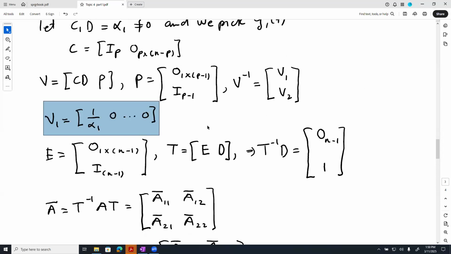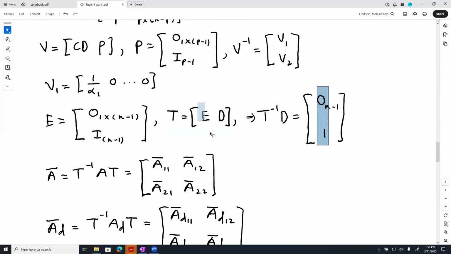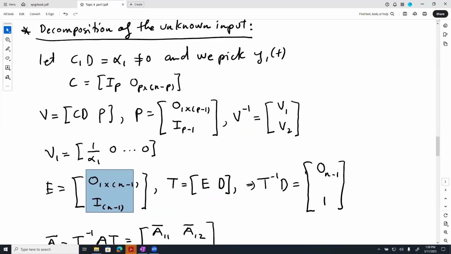And similarly, when we choose the transformation matrix T, where E is in this form, then, by the way, if T is in this form, we always get it in this structure. And then this matrix E is chosen in this particular form so that we have V1 times C times E equal to a zero matrix. So this is just a standard way of doing the decomposition based on our previous discussion for topic 2 and topic 3.